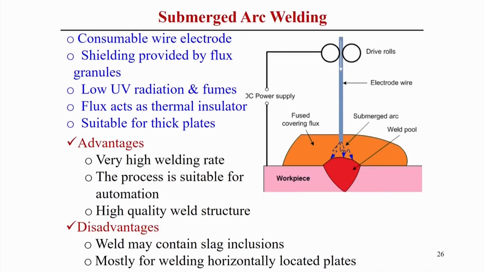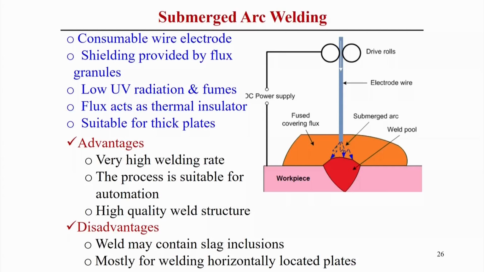If we look at this picture, like the gas metal arc welding process, here also a drive roll is there and it controls the consumable electrode, but the shielding happens using the flux granules, and it produces low ultraviolet radiation and fumes as compared to the shielded metal arc welding process.